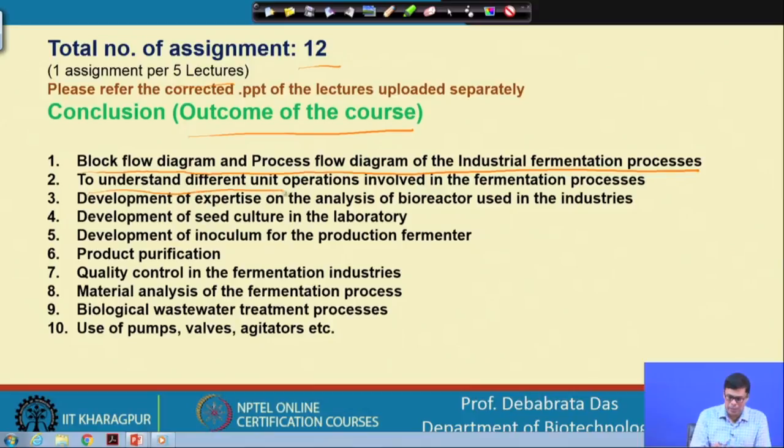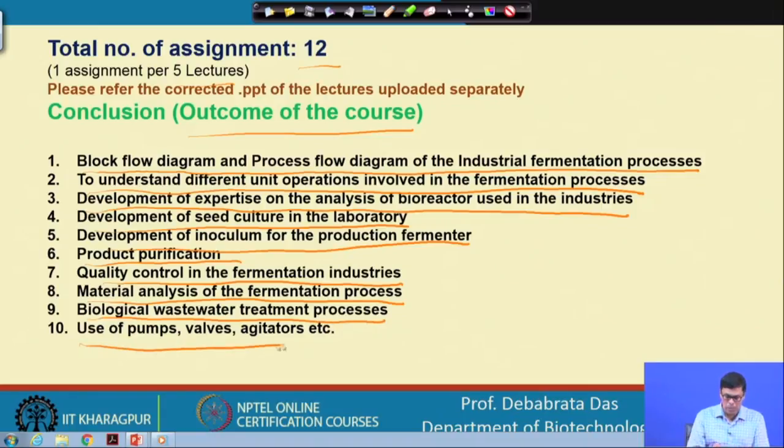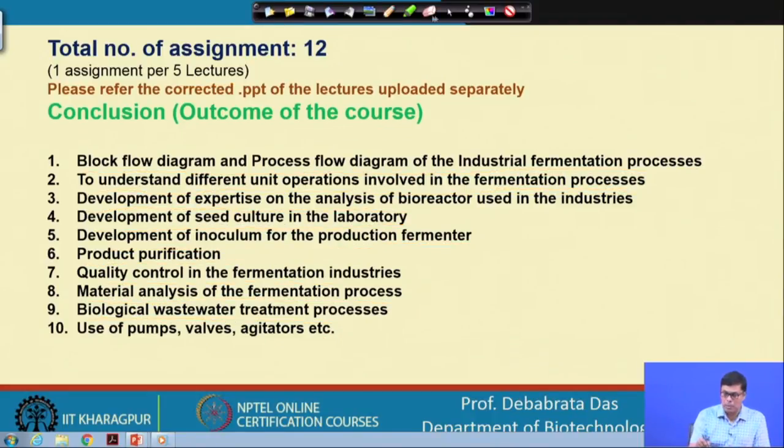Then, to understand the different unit operations involved in fermentation processes; development of expertise in the analysis of reactors used in industry; development of the seed culture in the laboratory; development of inoculum for the industrial production fermenter; product purification; quality control in the fermentation industry; material analysis of the fermentation process; biological wastewater treatment processes; and the use of valves and agitators. These are the different outcomes that we try to keep in this particular course.